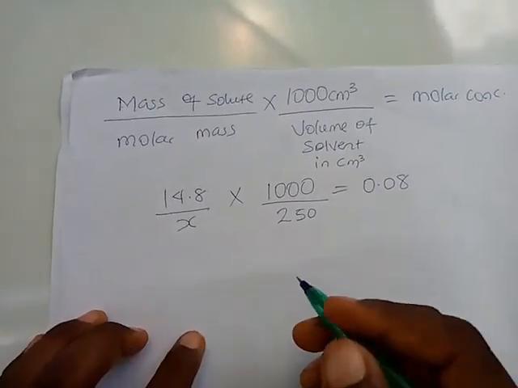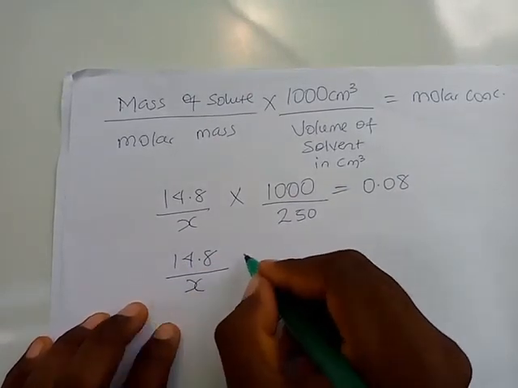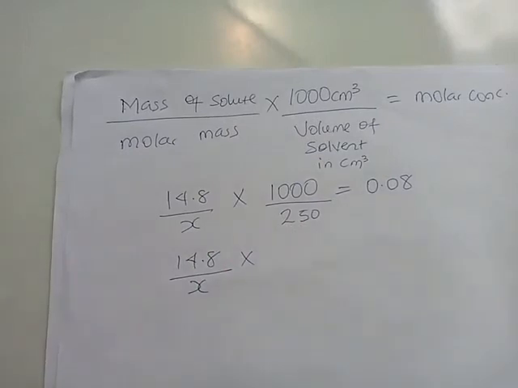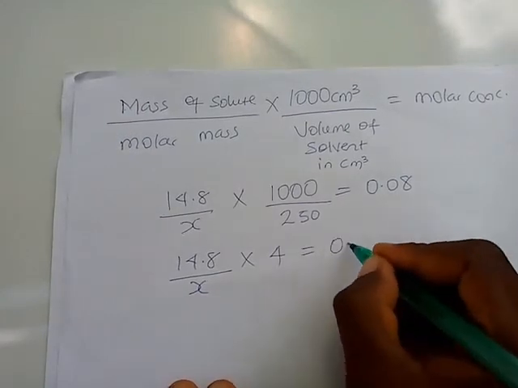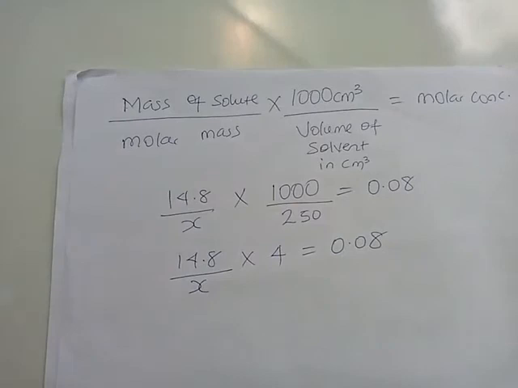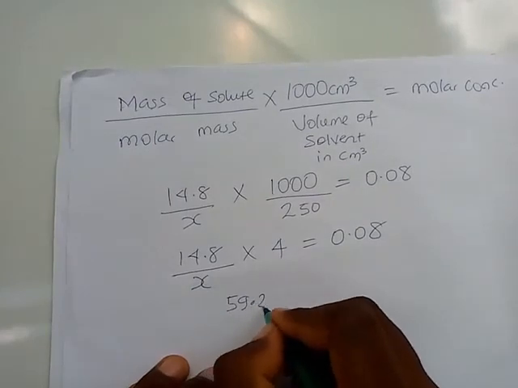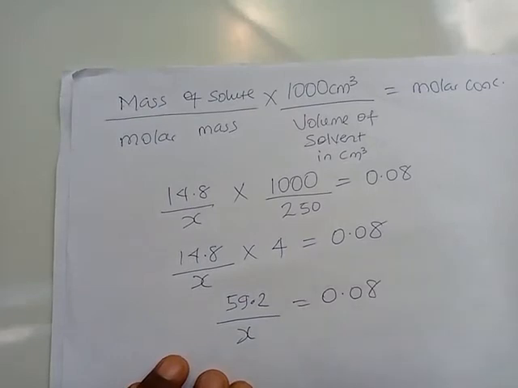So if I go on to solve, I'll have 14.8 over x times 1000 over 250, that's 4. So 4 is equal to 0.08. And that is going to give me 14.8 times 4, which is 59.2, is equal to 0.08 times x.